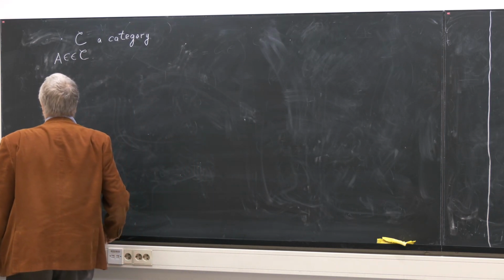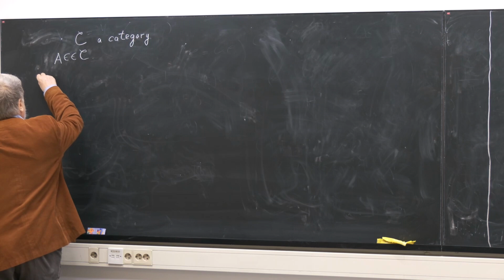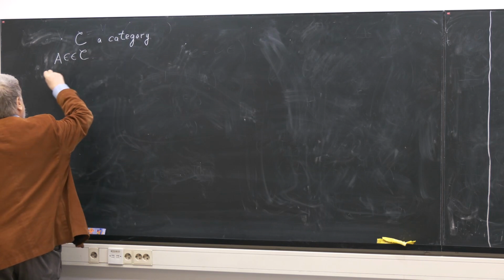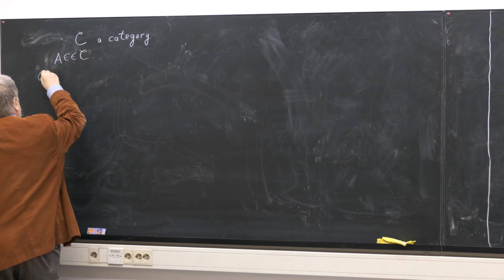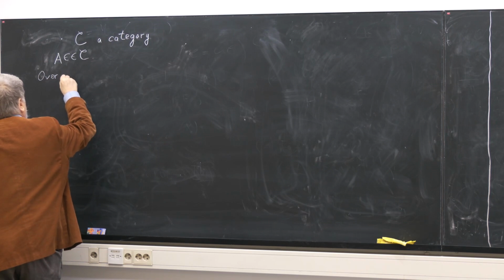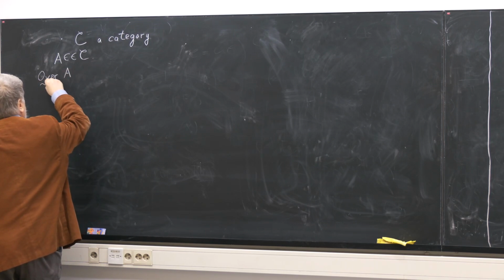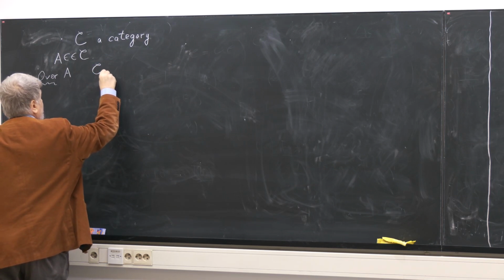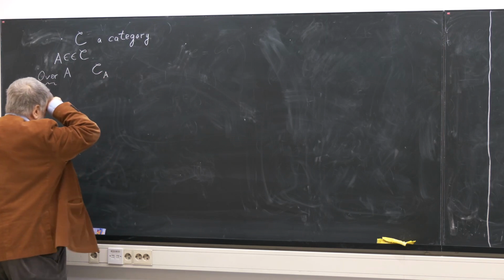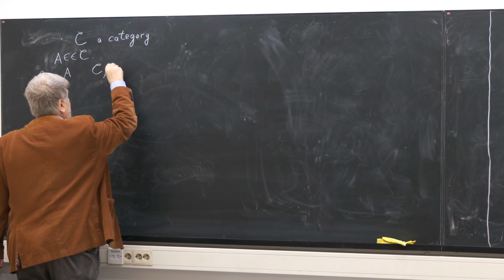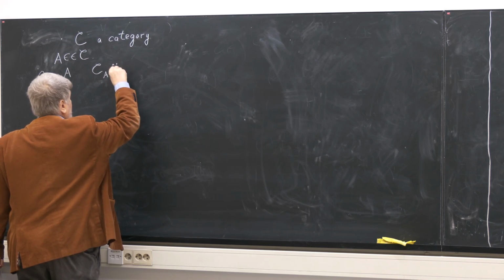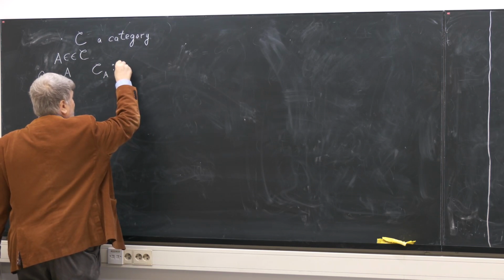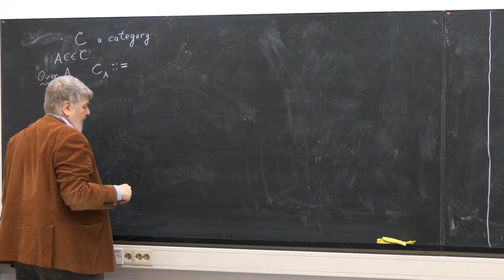So we introduce the category over A, which we are going to denote like this. This is an object of, so to say, non-linear language.